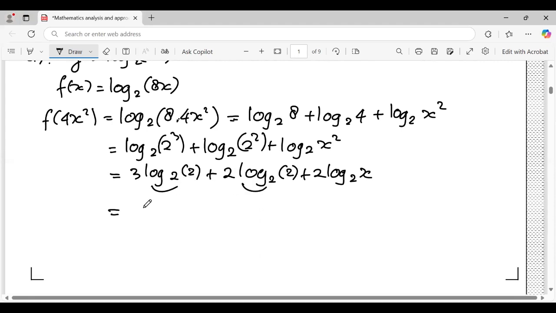So 3 plus 2, 5, plus 2 log 2 of x. Look, this is 2 and this is 5. So this is a scale factor stretch, the transformation, and this is the vertical translation.